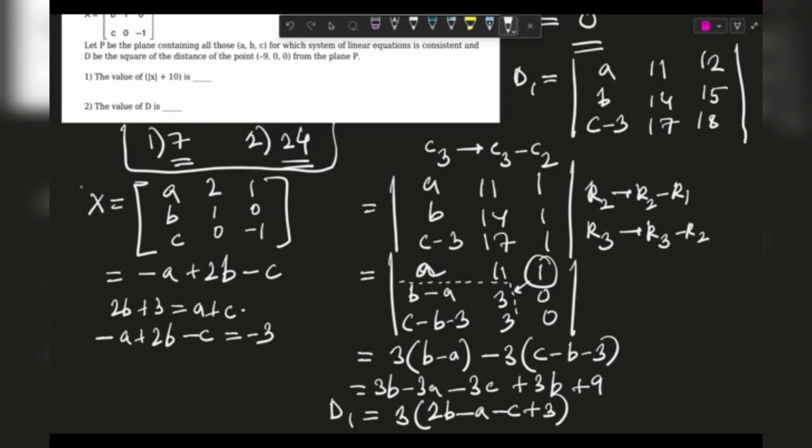So basically this was mod x, our mod x has become minus 3. So we were to find mod x plus 10, which comes out to be 7.